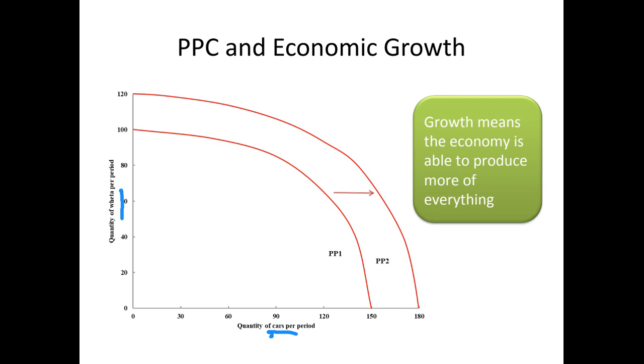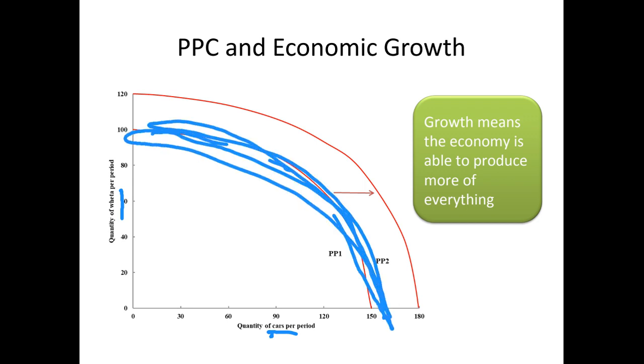In the short run, it is not possible. In the short run, you will move along the same curve. If you want to produce more cars, you have to reduce wheat. Simple. But in the long run, yes, it is possible. You can produce more cars as well as wheat. This is what we call economic growth. So this diagram shows that we have balanced growth.